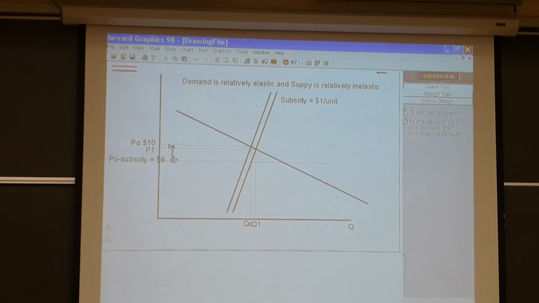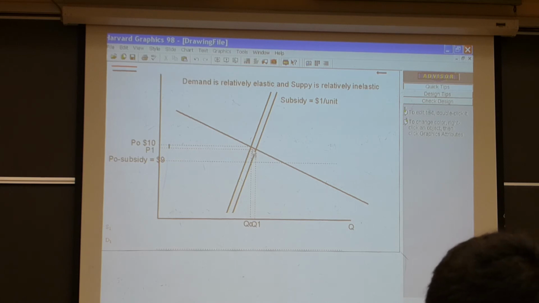What is the seller getting? What is the seller's price? Yeah, exactly. You got to go up, and not up from here. You got to go up from here, right? So you want this. The seller's price is P1 plus the subsidy. There it is there, right?